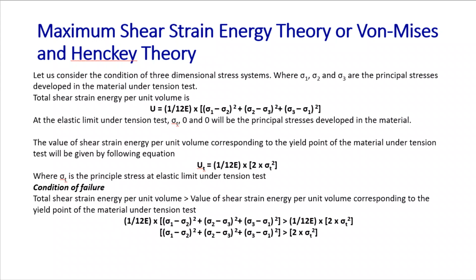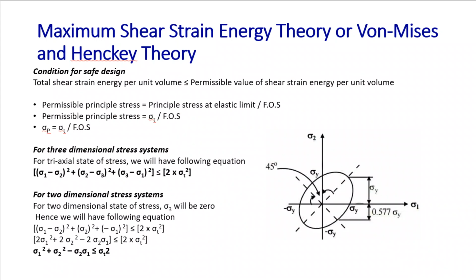So what is the condition of failure? If the total shear strain energy per unit volume, given by this equation, exceeds the shear strain energy per unit volume at the yield point under tension test, the material is failing.